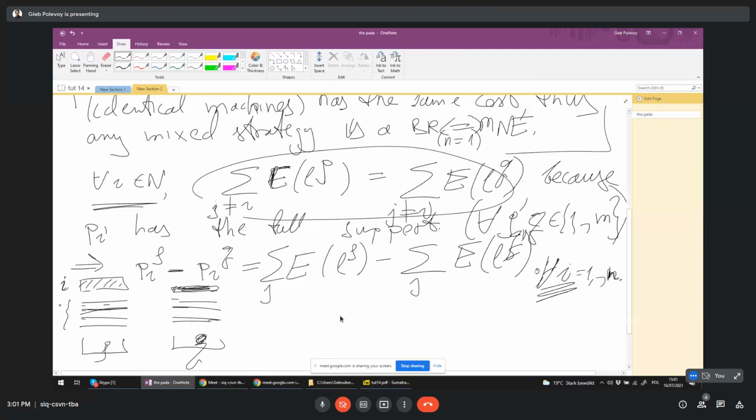Since for any player, if there is something, the difference between the total load on rho and Q, that's exactly what player I has. Now that's true for player 1, for player 2, for any player. Therefore, it cannot be that this difference is different from 0, because then the total difference would be different from 0 for everyone, but it's not.